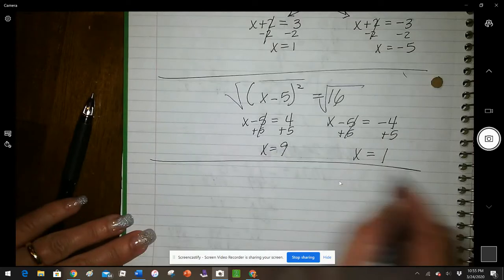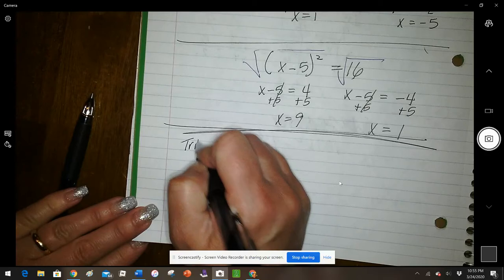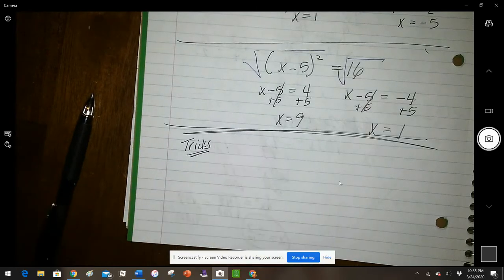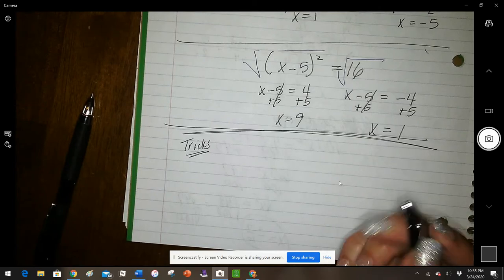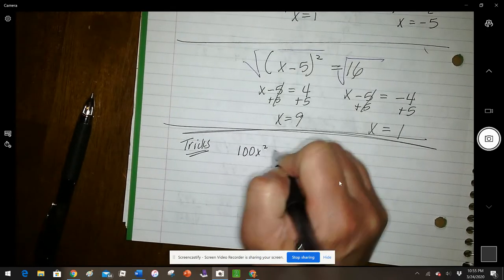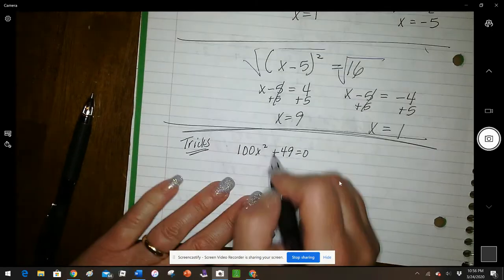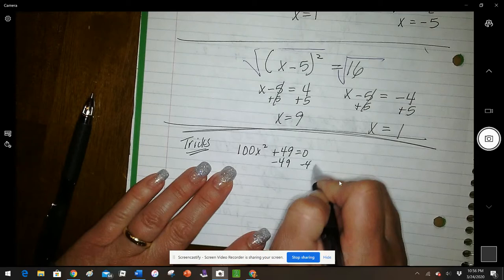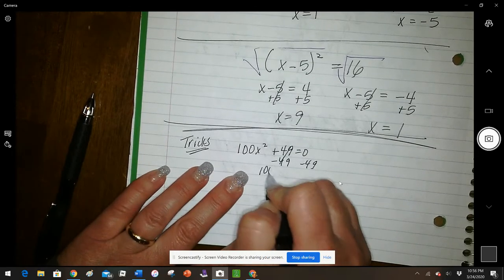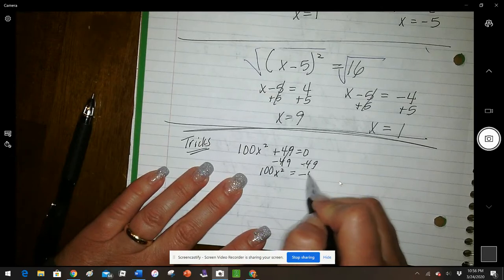The only other thing that you need to be careful about are some tricks. There might be some tricky problems that show up. For example, how about this one? 100x squared plus 49 equals 0. If I'm going to subtract 49 from both sides, I get 100x squared equals 0 minus 49, which is negative 49.